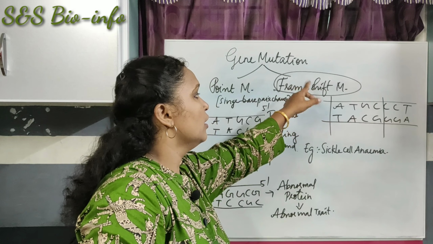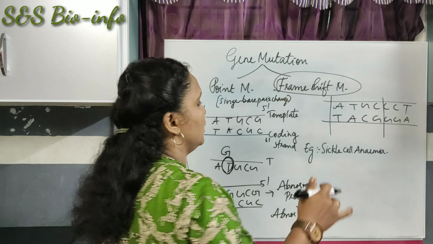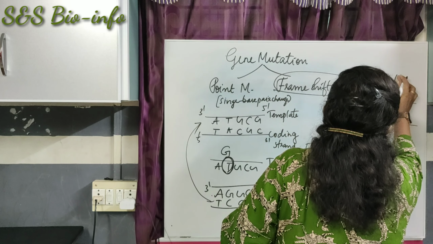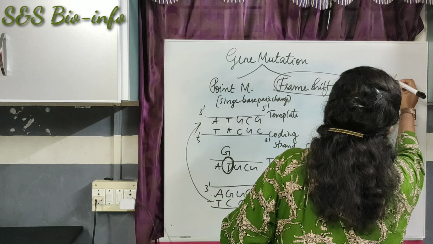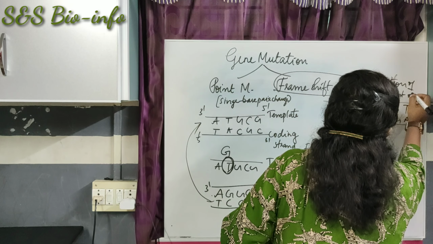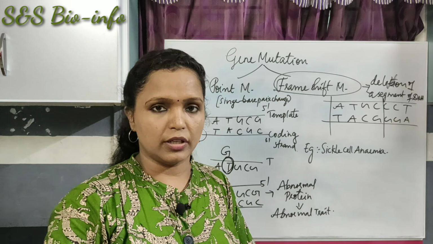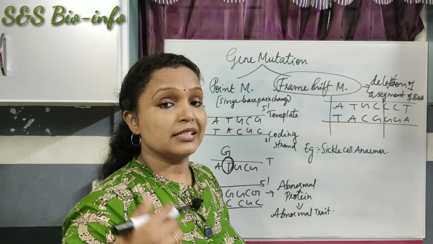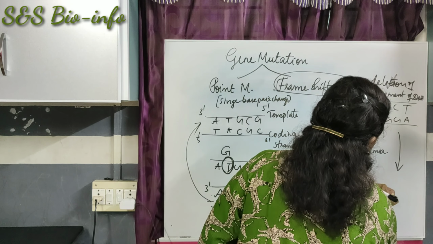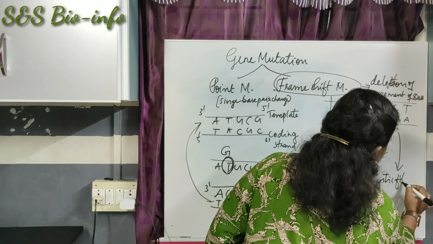That is called frame shift mutation: deletion of a particular segment of DNA by mutagens. Deletion of a segment of DNA causes the frame shift mutation. Example, cystic fibrosis.